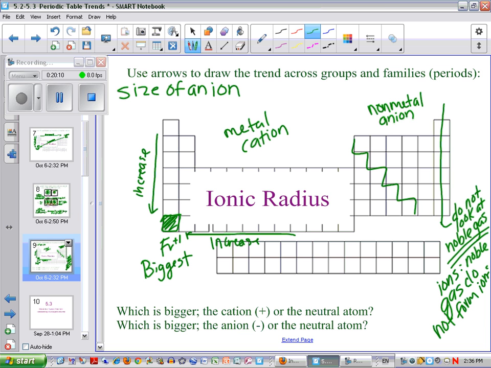So this is the exact same trend. I know I'm writing it a little bit differently than I did the last one, but it's the exact same trend. This is your biggest one in this bottom left-hand corner. And in this case, not helium, but the fluorine ion will be your smallest ion. So these metals will go in this trend. These nonmetals will go in this trend towards fluorine.